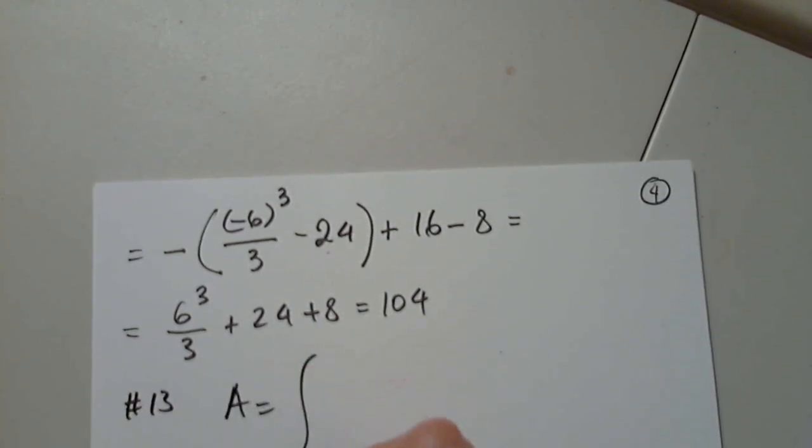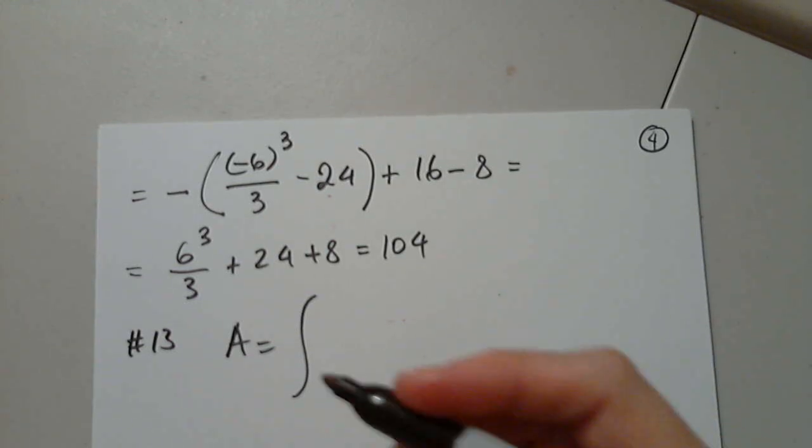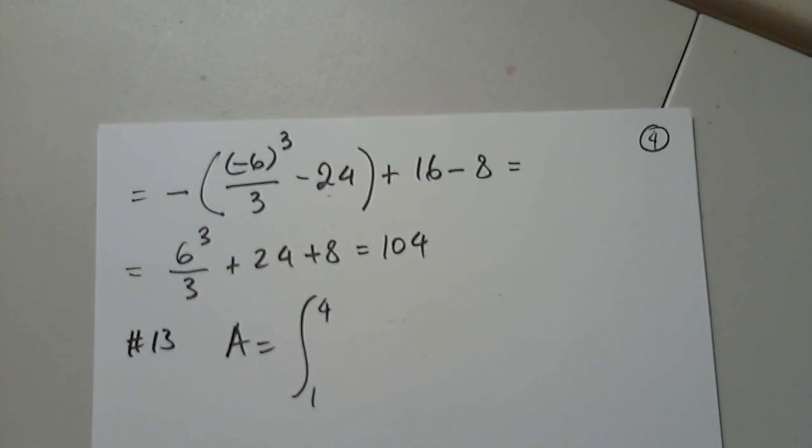The area will be the definite integral from which x value till which x value? What do you think? It has to be from one point of intersection till the other point of intersection. 1 to 4. That's it. 1 to 4.